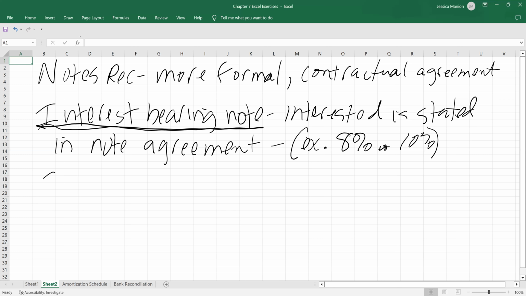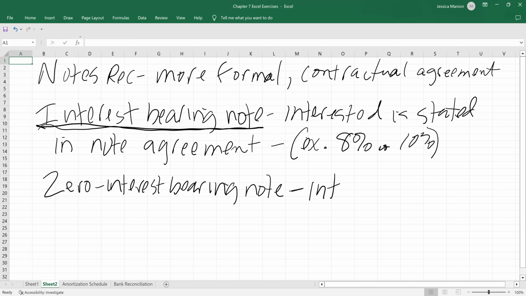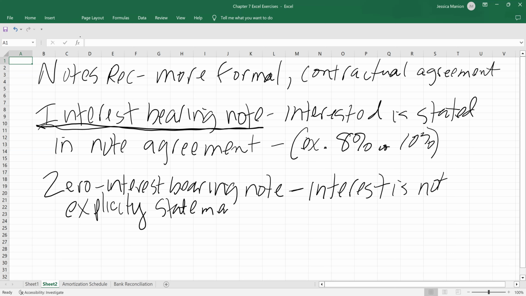Or on a zero interest-bearing note, interest is not stated. Interest is not explicitly stated, for example, 8%, 10%.